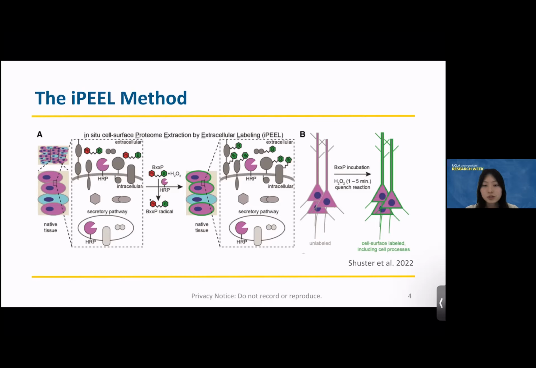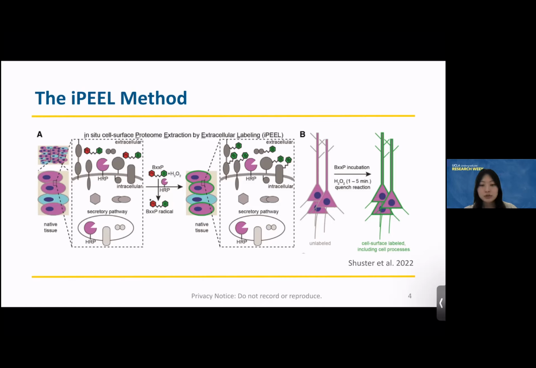As outlined here in this image, the idea is to use a transmembrane protein with the HRP enzyme in the extracellular portion. HRP then catalyzes tagging of cell surface proteins with biotin XX phenol or BXXP. After this reaction is complete, we can see that the cell surface proteins have been successfully labeled with biotin, as shown in green.